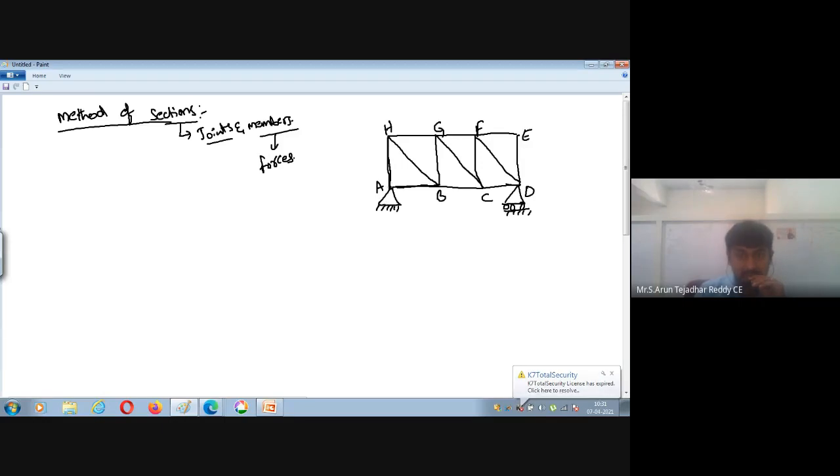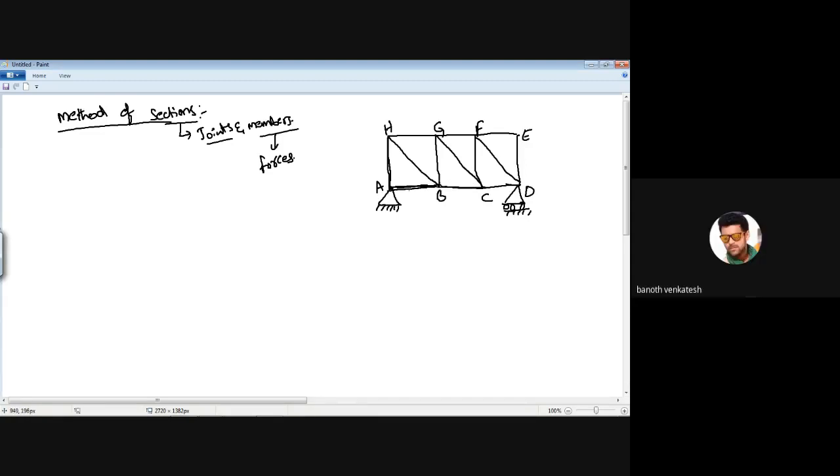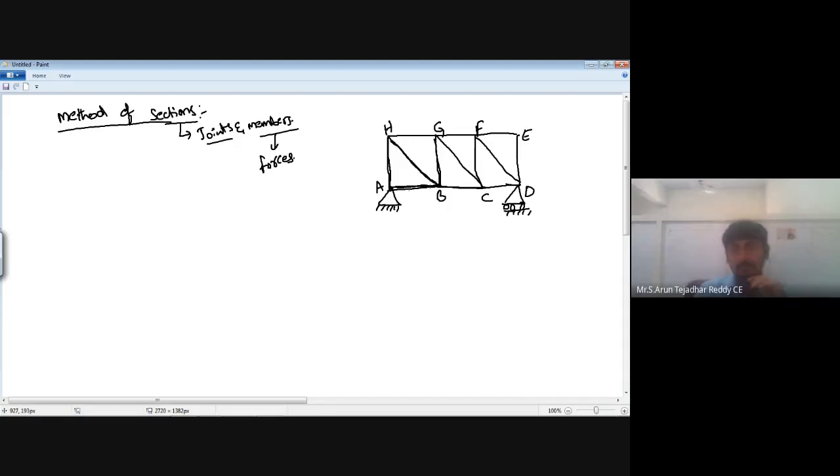It means the joint A is having two members. Suppose you take joint B, how many members are acting here? That is B to C one member, B to A another member, B to G, next B to H. So totally 1, 2, 3, 4, totally 4 members are available.